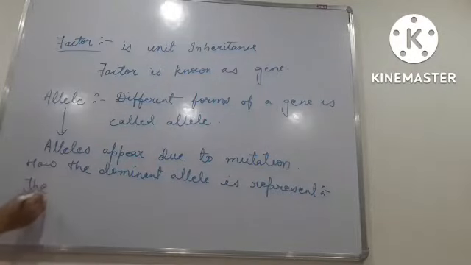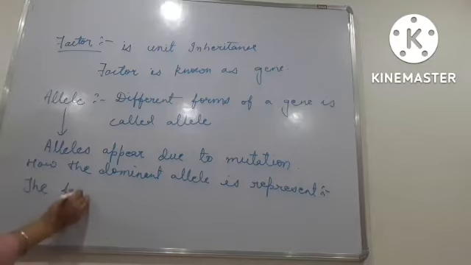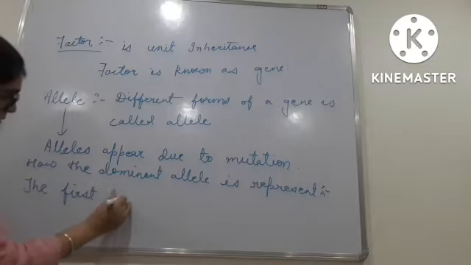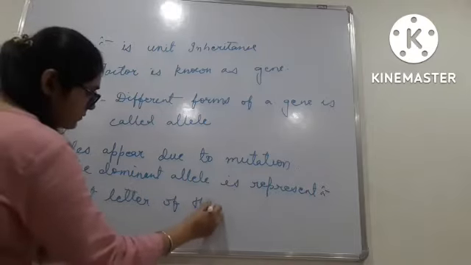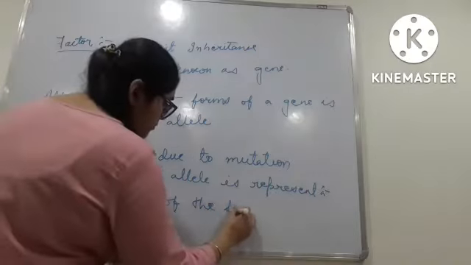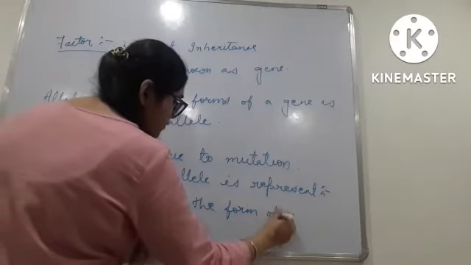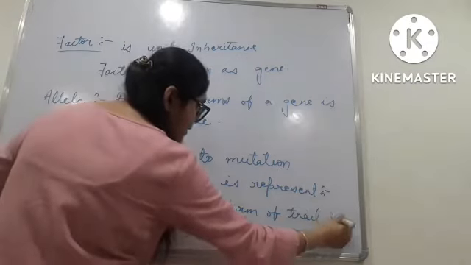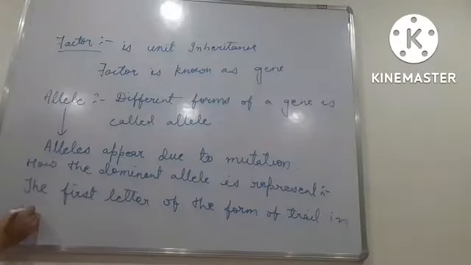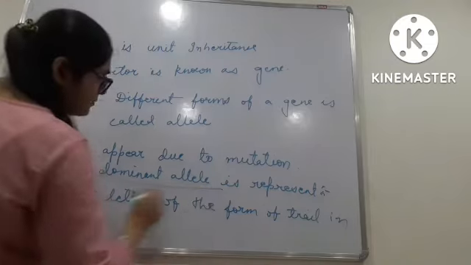The first letter of the form of trait in capital is represented as dominant allele.